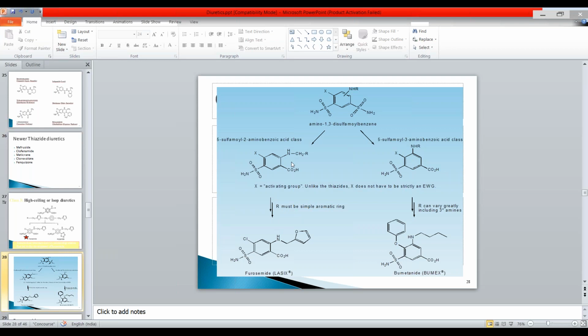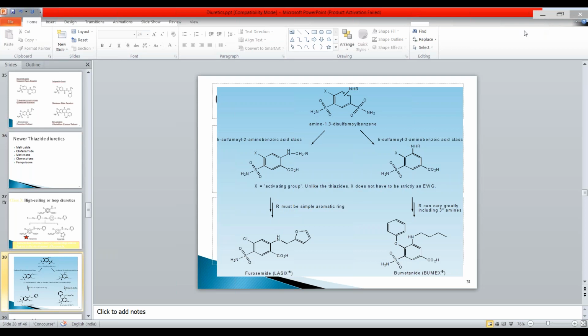So take down SAR. Substituent at position 1 must be acidic to provide optimal diuretic activity.